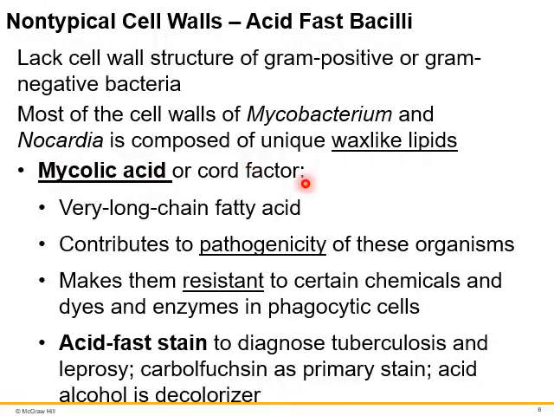It's called cord factor because the cells that are surrounded by this extension of their cell wall hate water, because this is hydrophobic, so they clump together and make these long serpentine cords that are characteristic of, for example, TB.